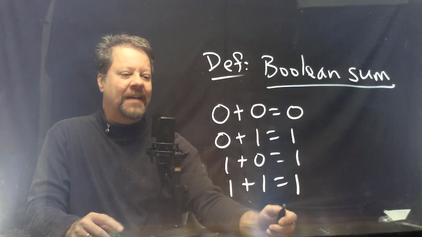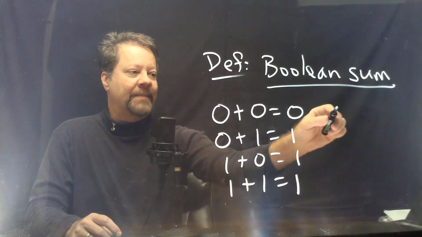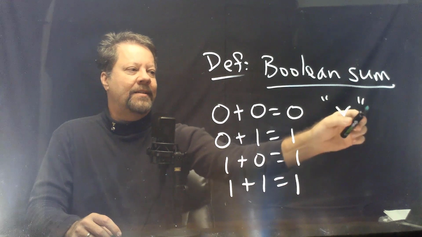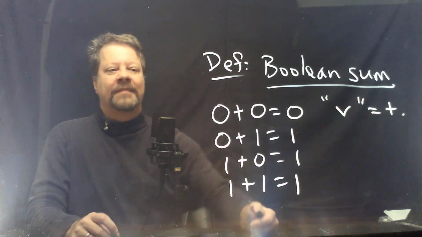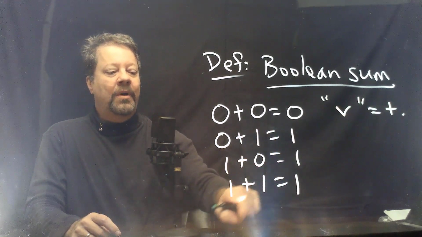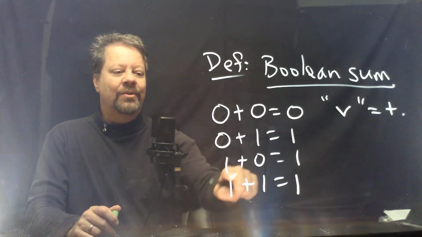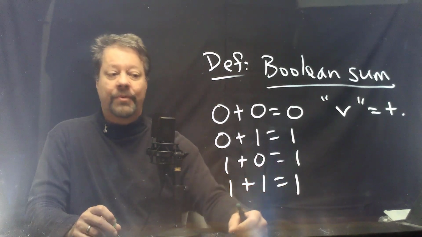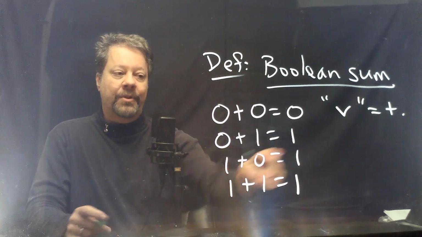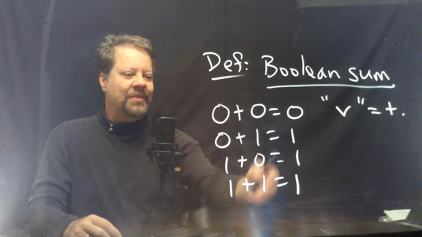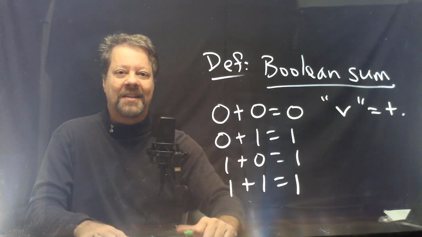We're thinking of this as the OR statement instead of plus. So true or true is true. True or false is true. False or true is true, and false or false is still false. So that's one way to view this Boolean sum.